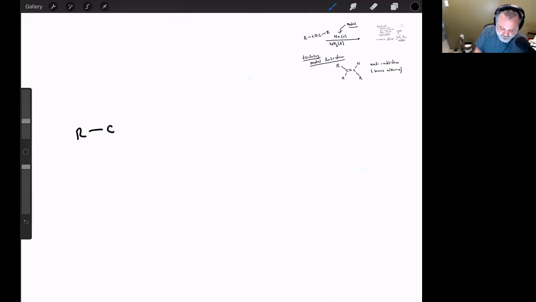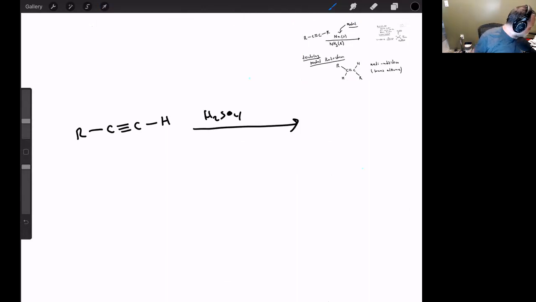So we can think about the reaction of an alkyne with H2SO4 and mercury and water. If you thought about oxymercuration, demercuration from alkenes, you know that you ended up with a Markovnikov addition of an OH group.